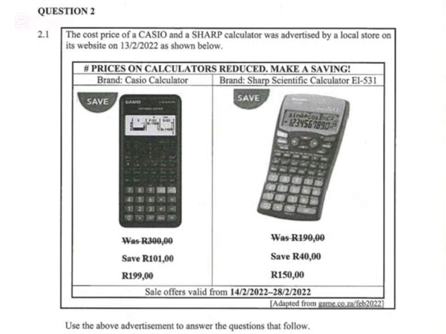Brand Casio calculator, it was 300. You save 101 rands. It is now 199. The Sharp scientific calculator, it was 190 rands. You save 40 rands and you buy it at 150 rands. Sale offer valid from the 14th of February 2022 up to the 28th of February 2022.